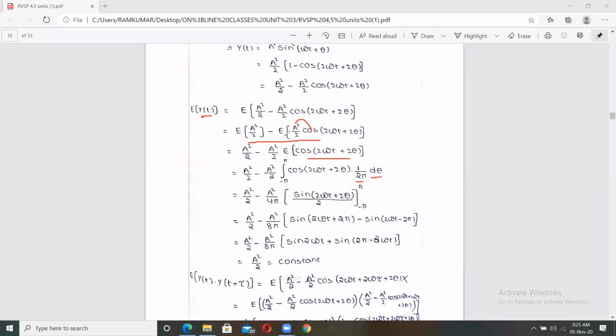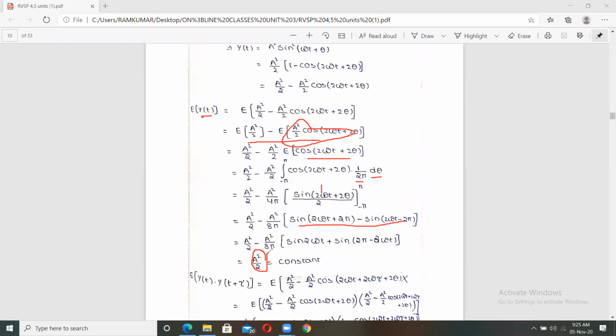Finally, he got this value, the mean value for this function, integrating from minus pi to pi. Finally, we got E of x of t is equal to A square by 2, which is a constant value, right?